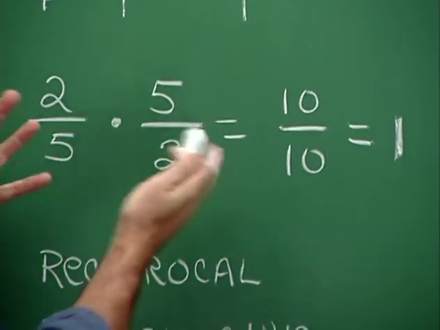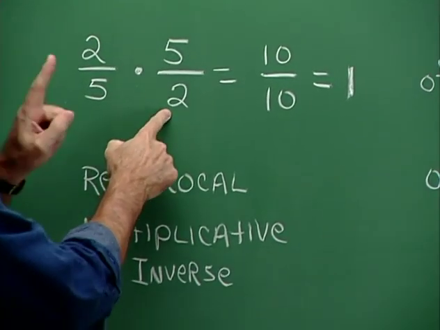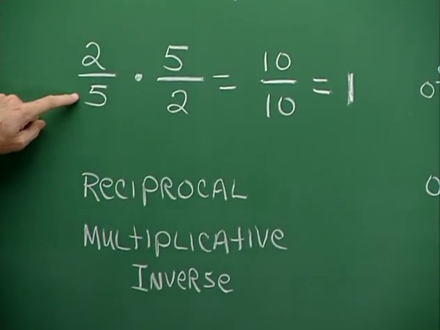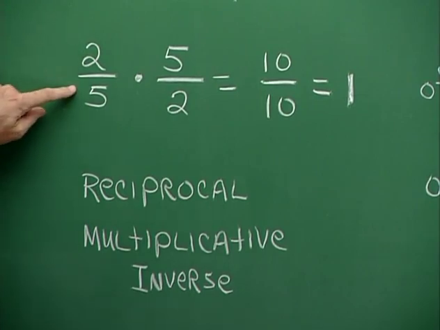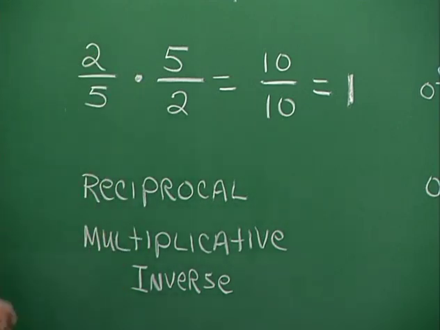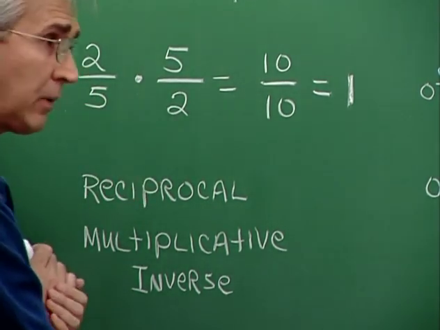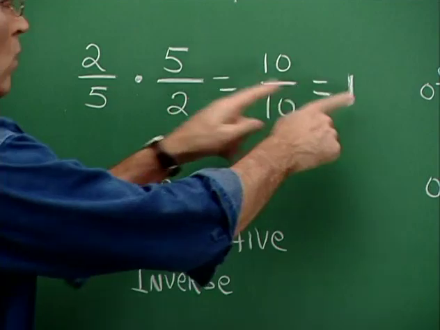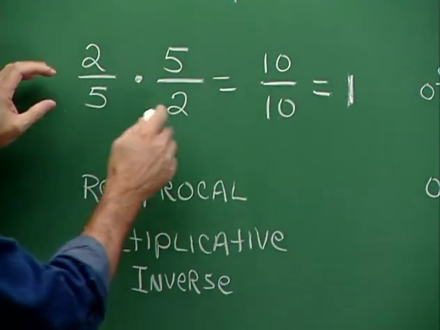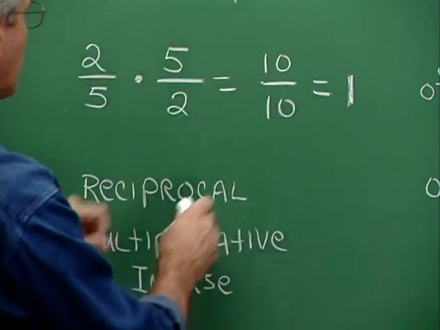Now this special arrangement of fractions has a name, and the name given to each of these fractions when compared to the other is reciprocal. That is, 5/2 is the reciprocal of 2/5. And it's also the case that 2/5 is the reciprocal of 5/2. It's just the same fraction but flipped over. That's a good way to think about it. And every time reciprocals are multiplied times one another, we get 1 as the result, because after all, we have a number over itself, which becomes 1.